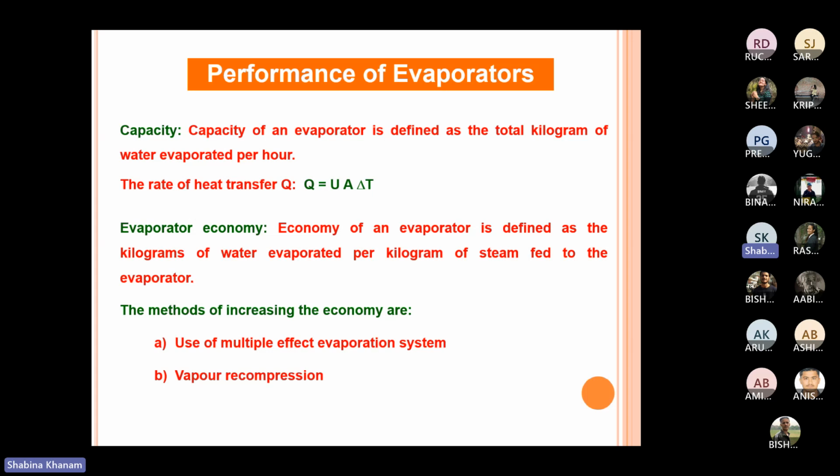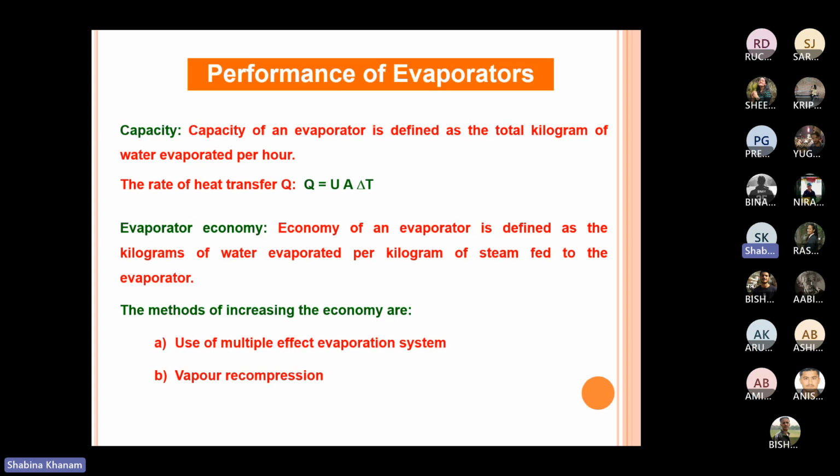So in the first effect we let the steam enter, vapor generated in the first effect is used in the second effect, vapor generated in the second effect is used in the third effect, and so on. Let's say you would like to reuse the vapor which is generated in the third effect. One way is that it is already utilized in the fourth effect as a heating media, but you would like to reuse that vapor in, let's say, the second effect or first effect.